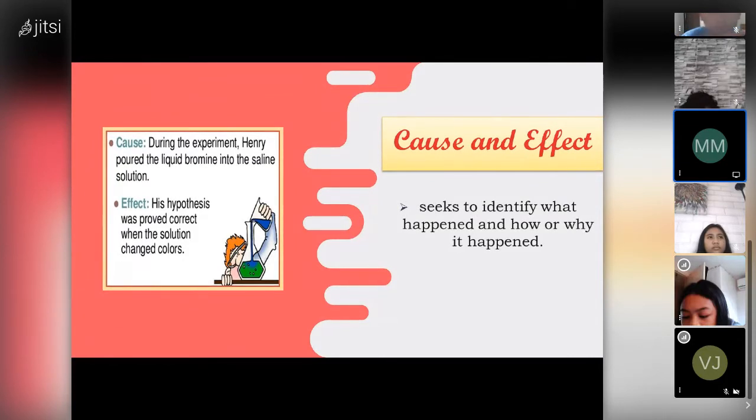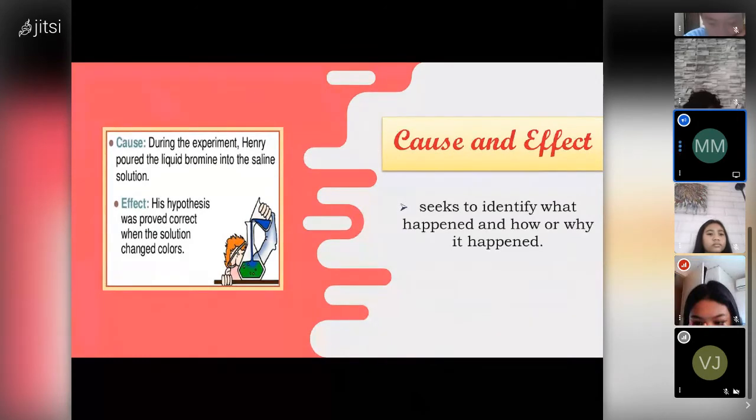The cause, miss, is she was watching videos while the teacher was discussing, and the effect was she didn't get to answer the quizzes because she didn't listen. Okay, so those are the cause and the effect. Yuki, do you understand it now? Yes, miss. Okay.